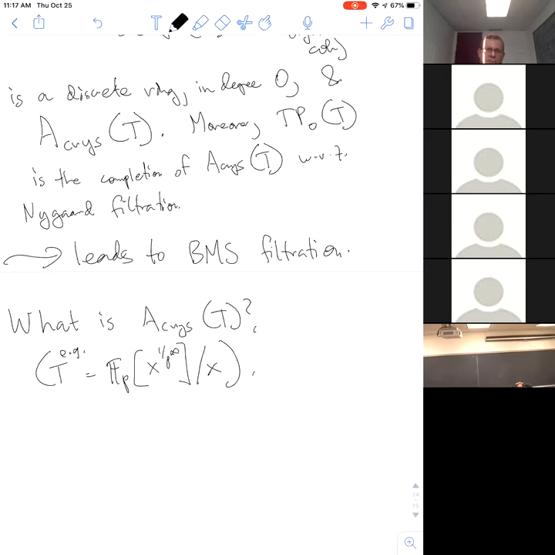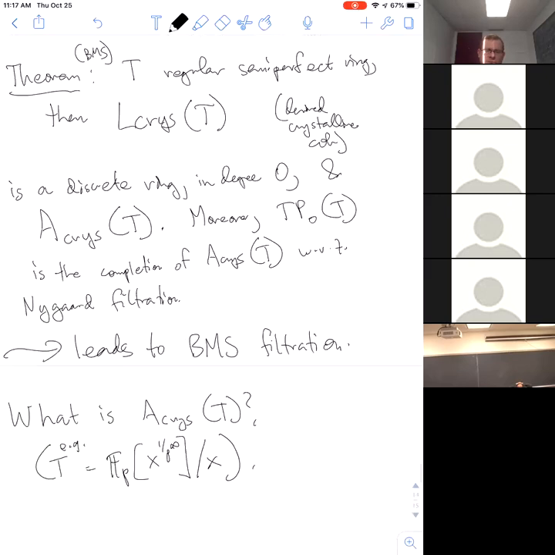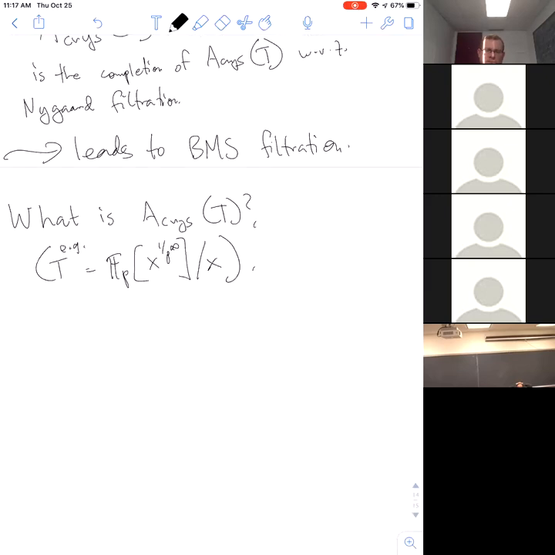That would be an example of a regular semi-perfect ring, the type of ring that we might feed into this. A_crys is going to be some machine which takes this big regular semi-perfect ring, which is in characteristic p, and produces something which is p-adically complete but not p-torsion. It's essentially the derived crystalline homology of T.